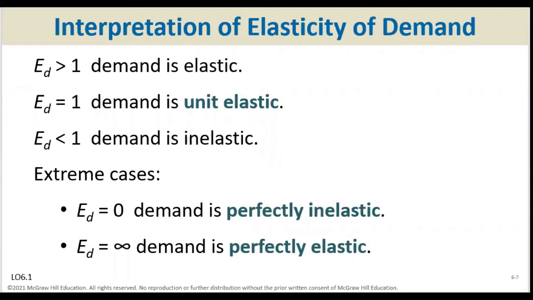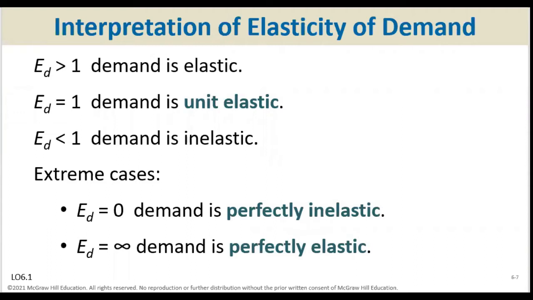So when the elasticity coefficient is less than 1, the percentage change in quantity demanded is less than the percentage change in the price. So consumers are not that sensitive to the price.